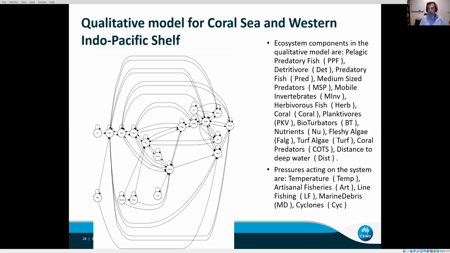As an example of a qualitative model, this is the one that we developed for the Coral Sea and the Western Indo-Pacific Benthic region. When we talked here, it was really clear that it was a coral reef ecosystem, and so we took a coral reef ecosystem model that we had developed earlier and worked through it and decided, are each of these ecosystem components actually present in that location, and what are the big pressures that are occurring here, and that's an important part of it.